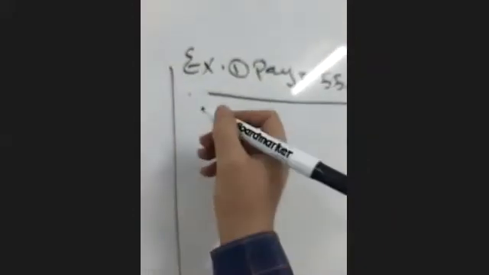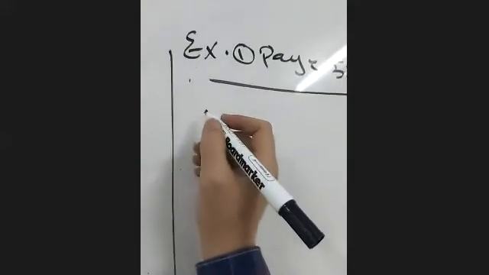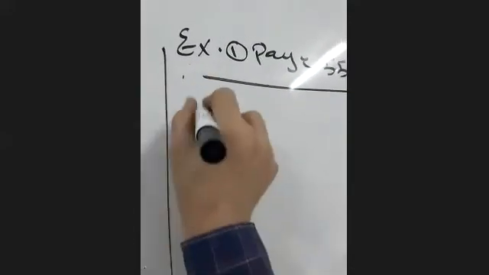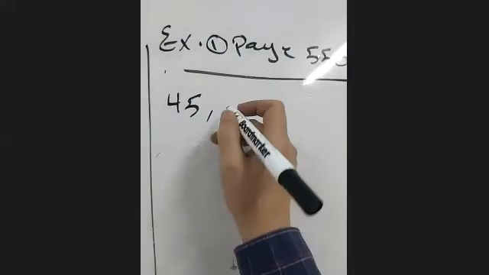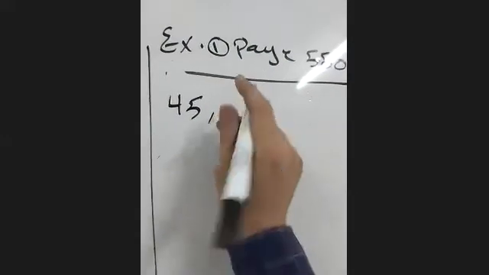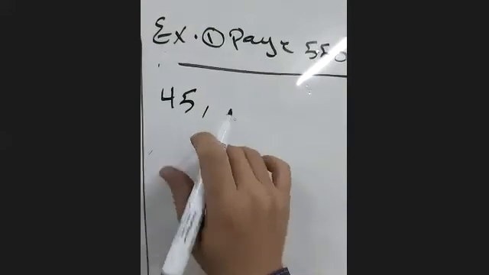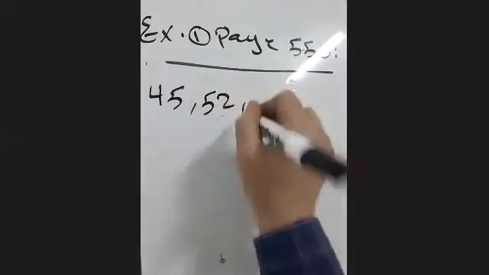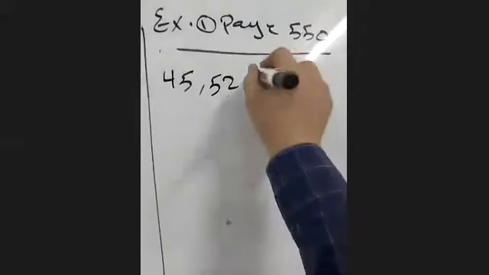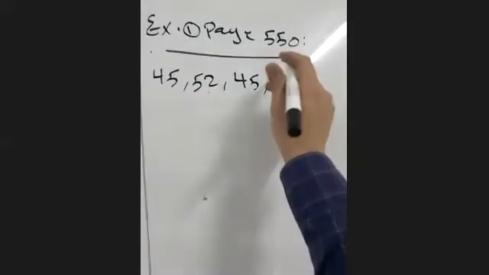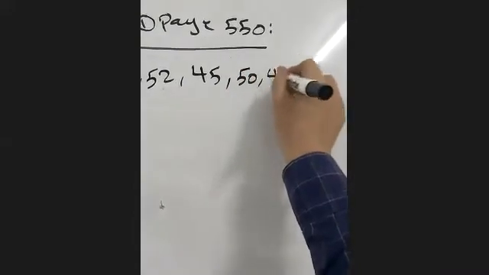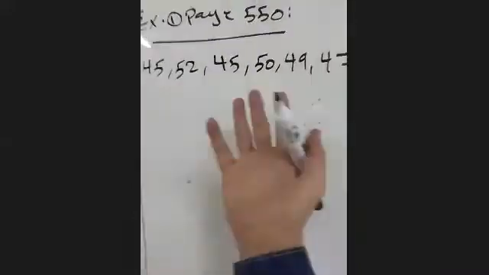So give me the values: 45 degrees, 52 degrees, then 45, then 50, 49, 47.